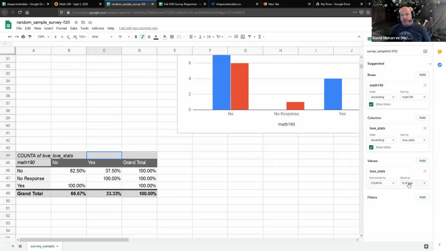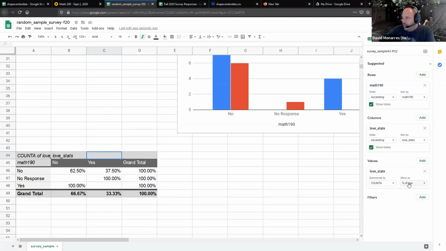Now, where is that useful? That is useful when we'd like to compare the differences between people who do Math 190 or not, because they're 2 very different size groups, okay? So if we want to compare people based upon their taking Math 190 or not, this is the percentage that we want to take.